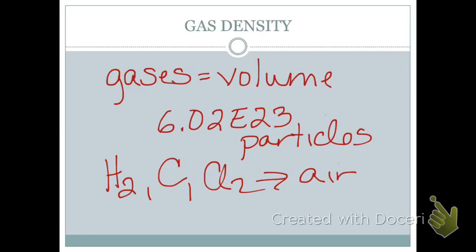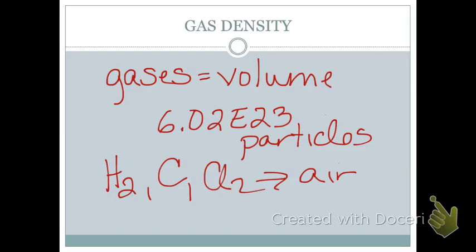The difference in their molecular weights is going to determine this. The higher the molecular weight, the higher the density, but is it high enough to sink in air, or is it not high enough, as the density of air, so that it's going to float in the air, or is it at the same density as the air itself, so that it's going to hang suspended in air?